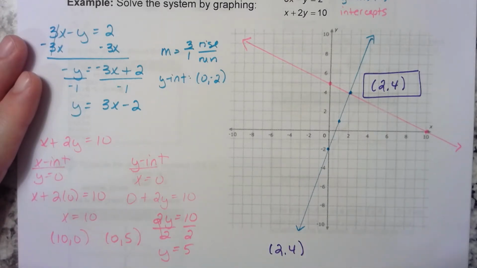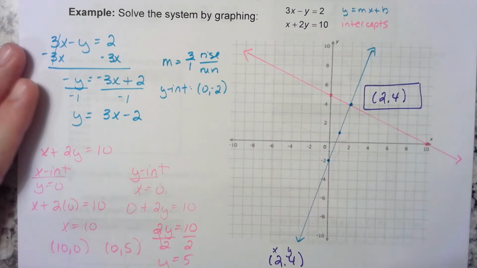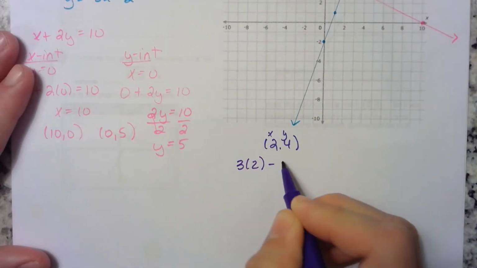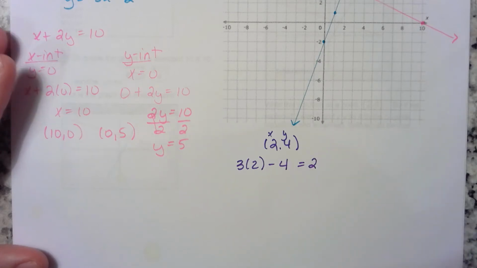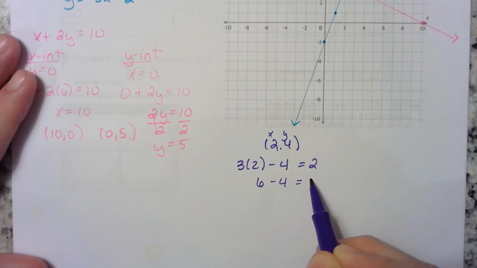Now you can also check your answer. If this is the solution, we can take 2 for x, 4 for y, and substitute them into both equations. So let's do that real quick. We have 3 times 2 minus 4 equals 2. We want to know if that's true. 3 times 2 is 6, minus 4 equals 2, and yes, that one works.